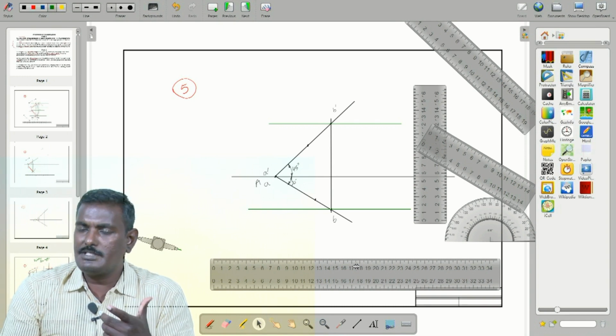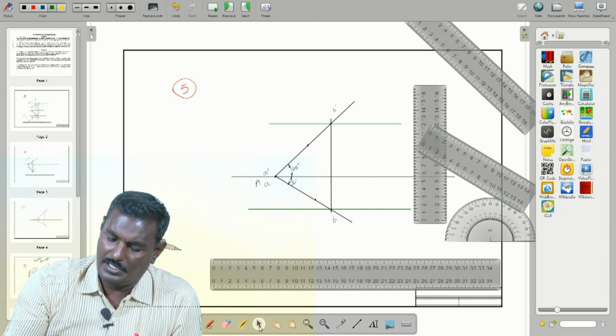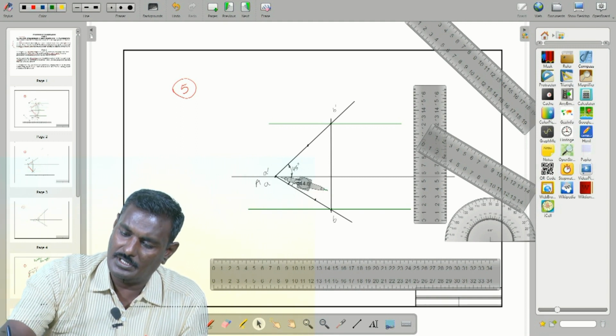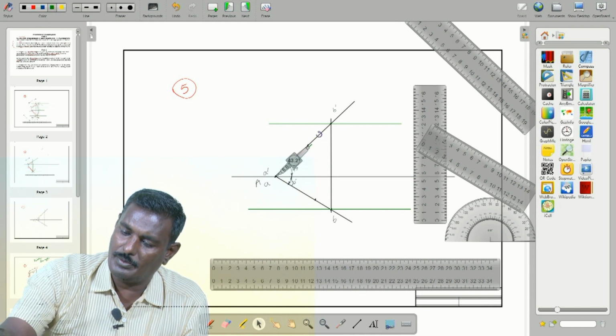So what about the concept? Measure a dash b dash as radius. Now take this compass, keep it at a dash and rotate from here.